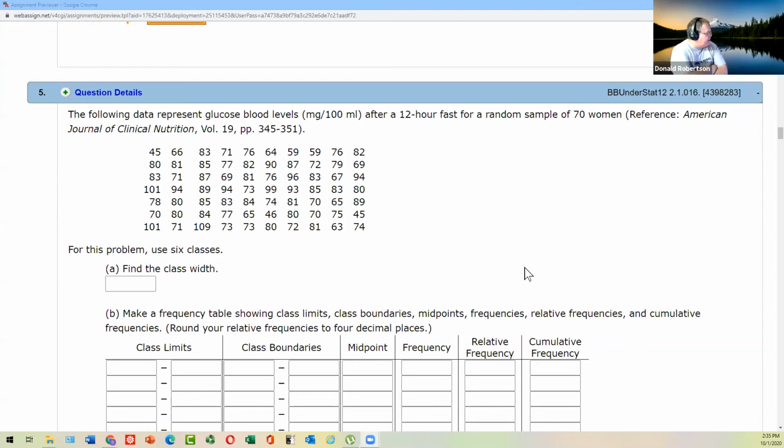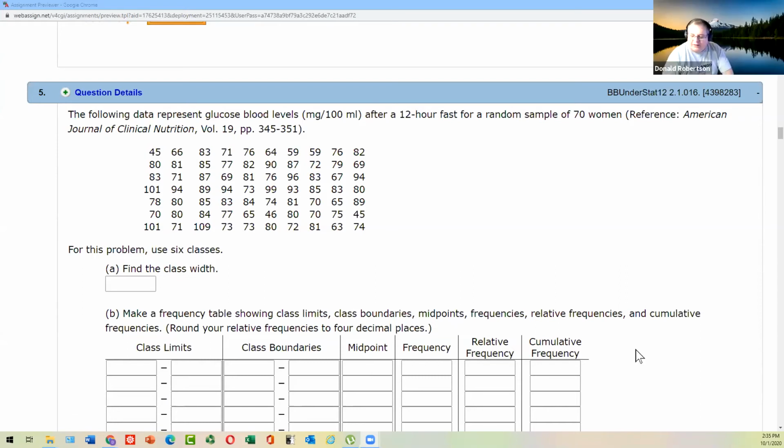Can anybody beat 101 for the biggest? 109. Okay. Can anyone beat 109 for the biggest in this data set? Okay, 109 gets the job. What's the smallest number? I see 45. Can we beat 45? We'll all agree 45 then? Yeah. Okay, we're going for it.